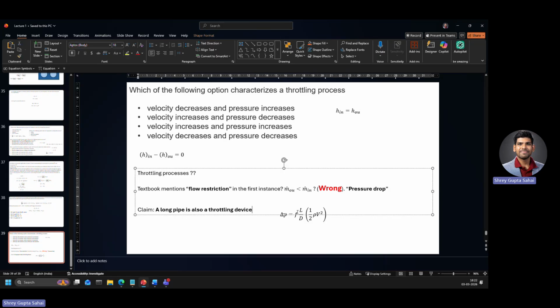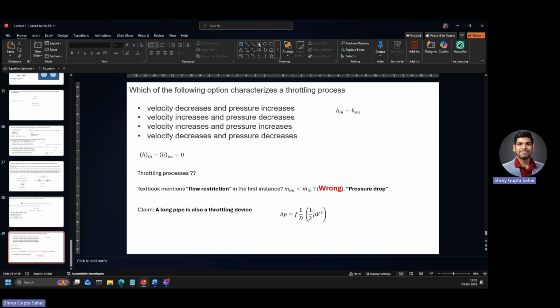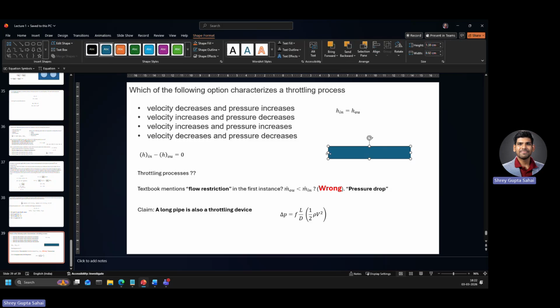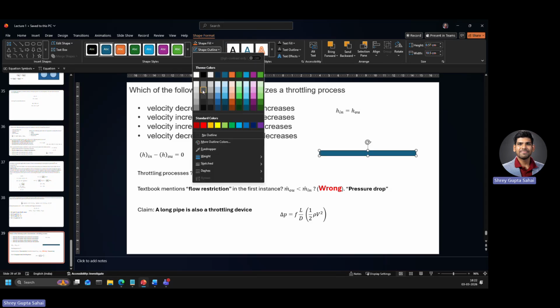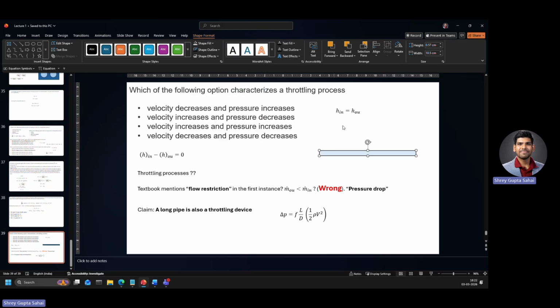Consider a pipe, and you have some reservoir. Let's discuss where this word flow restriction comes from, so that you understand what is going on.